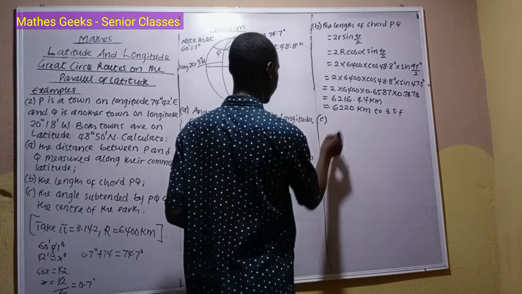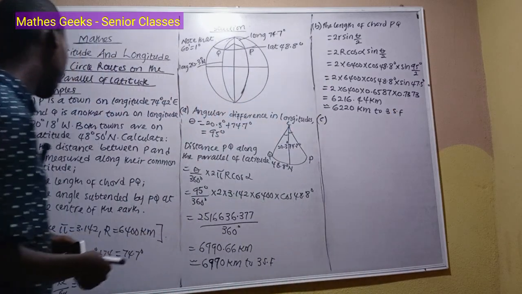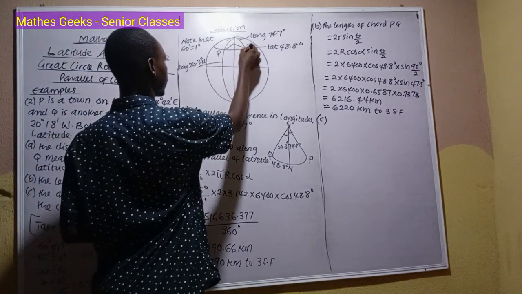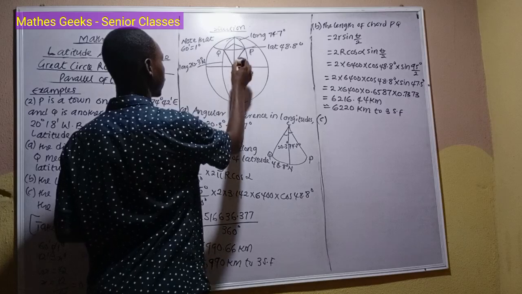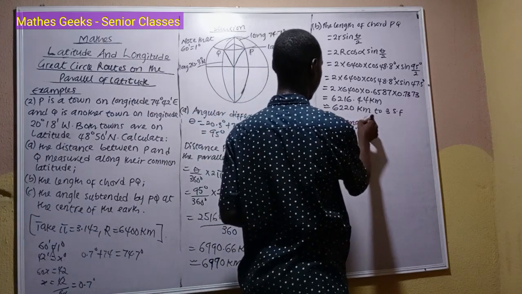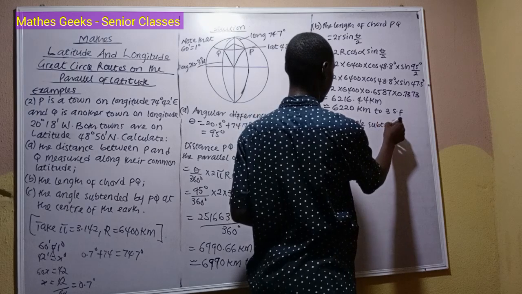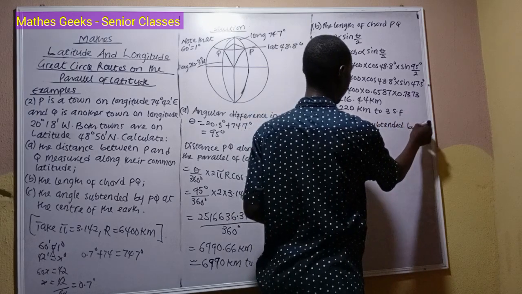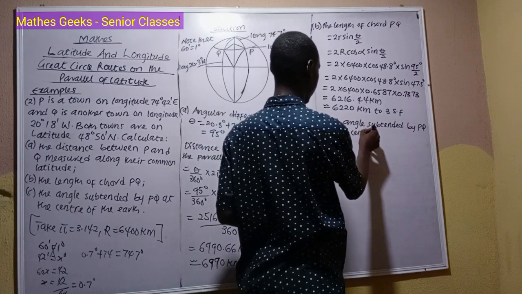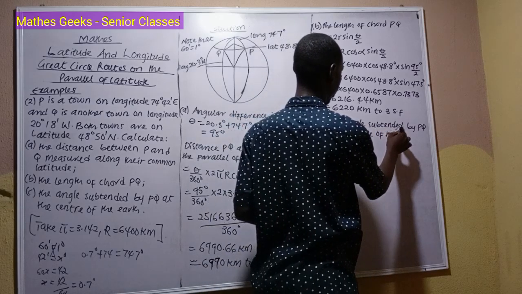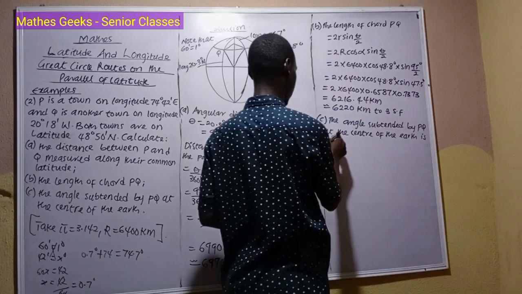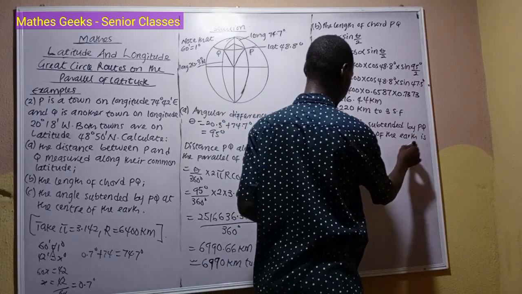So C says the angle subtended by PQ at the center of the Earth. So the angle subtended by PQ at the center of the Earth is 2 alpha.